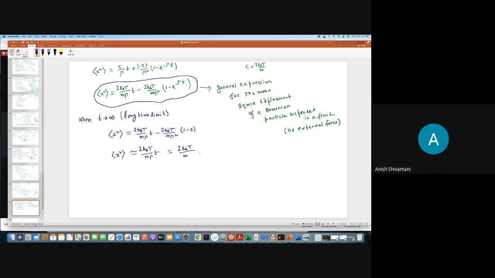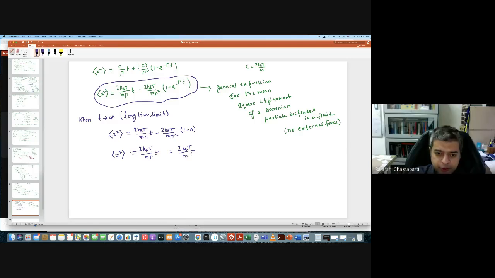Gamma was 6 pi eta r divided by m. Just check. Yes, it was like this. So it is 2 kbt by 6 pi eta r.